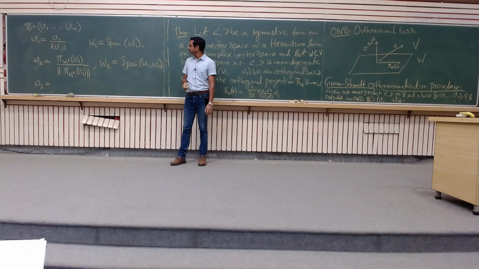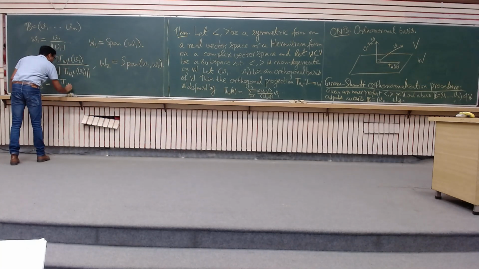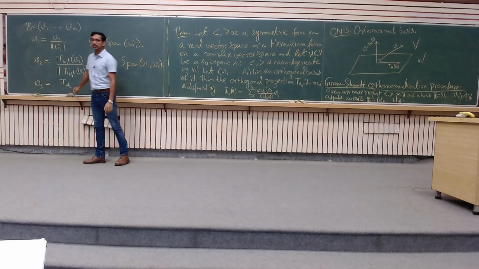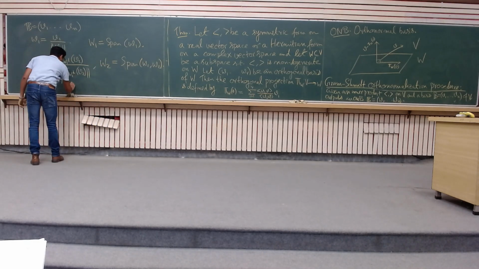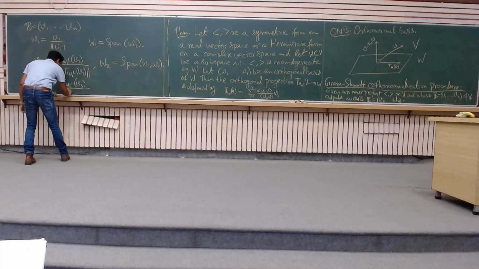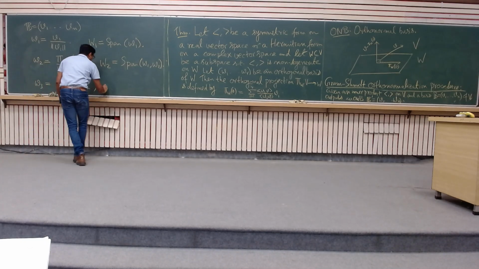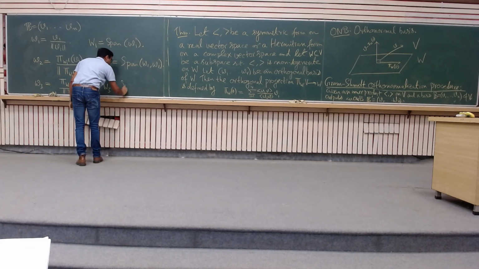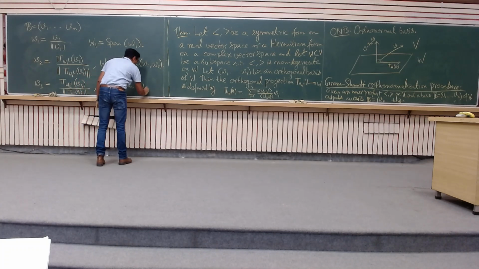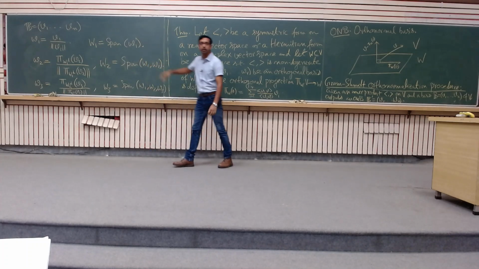Pi of W2 perp of v3, and then we normalize it again. And we define W3 as the span of w1, w2, w3, and so on. We continue till the end.